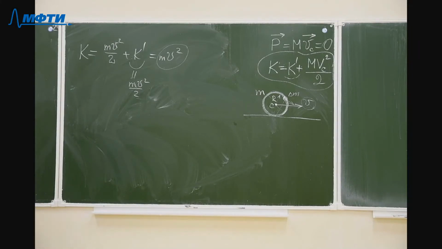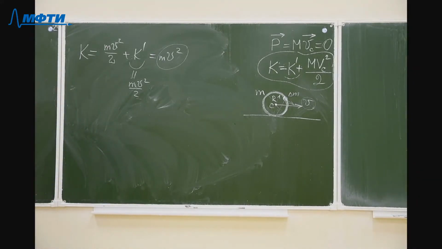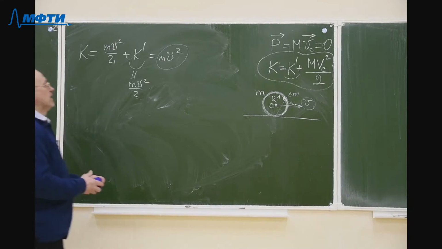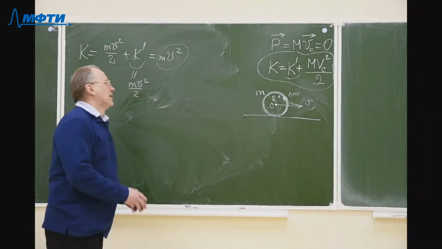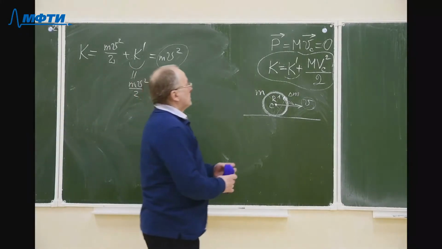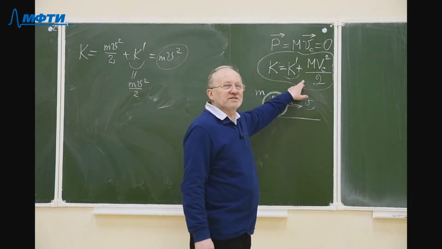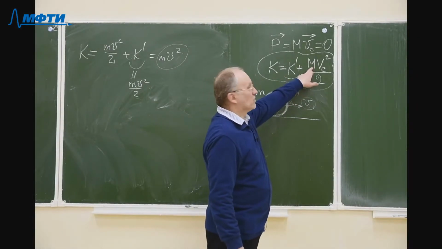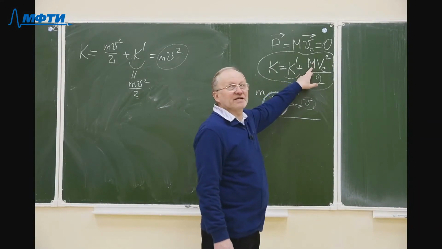Any questions? So Koenig's theorem allows one to calculate the kinetic energy of any complicated body moving in any arbitrary way, and it makes it much easier to calculate the kinetic energy. Because it involves a non-trivial assumption that all the mass of the system of particles is concentrated in the center of mass.